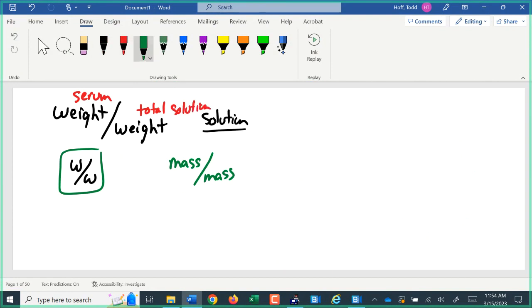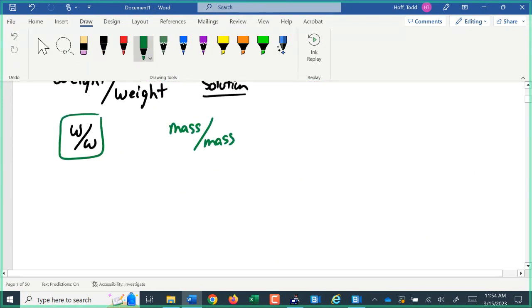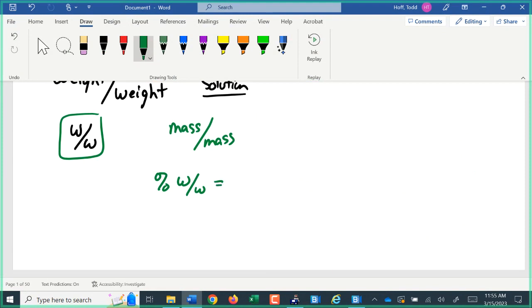So if we have a weight-in-weight solution, of course measured as a percent, percent weight in weight is just equal to the units of the solute or serum over every 100 units of solution.